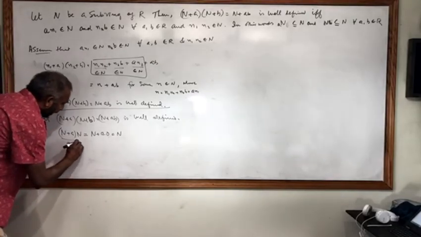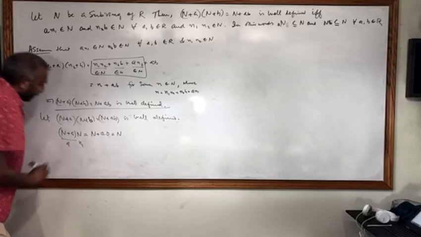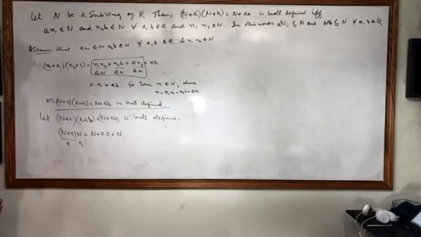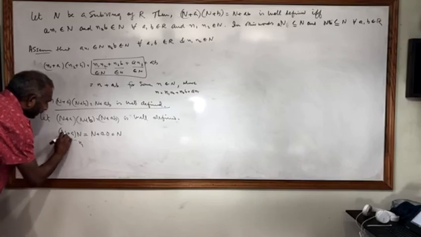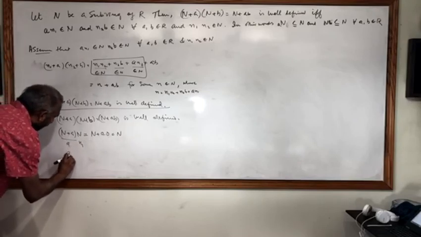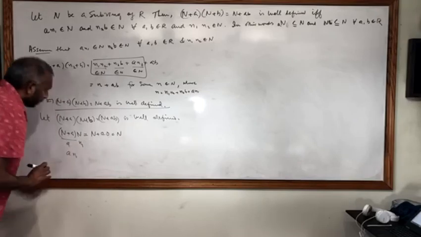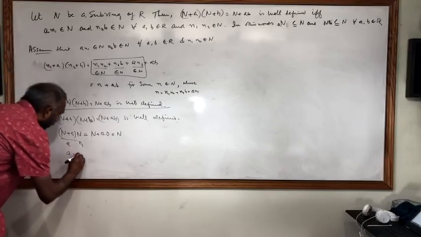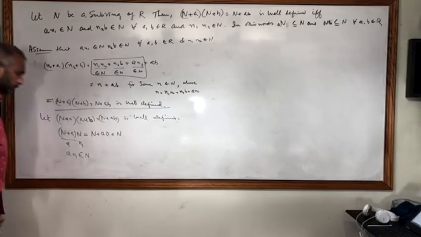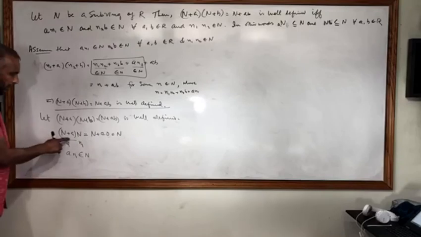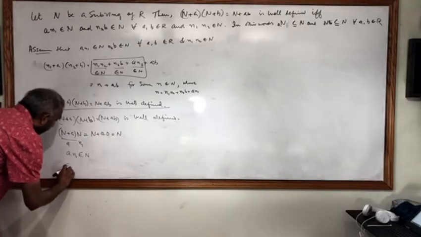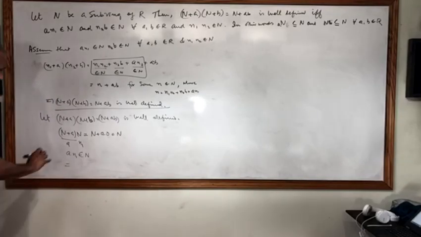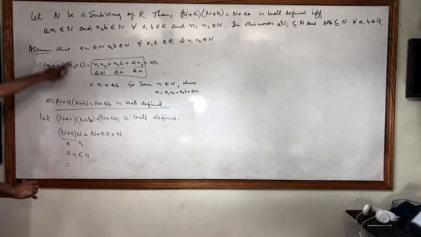And we will take n1 from here. So that means A times n1 belongs to N, because it has to come from N. That is exactly what we need to prove.